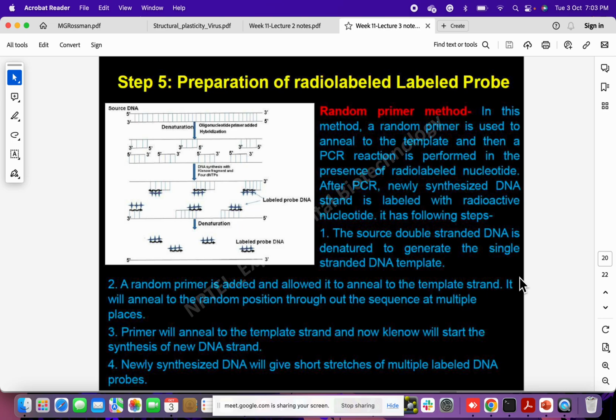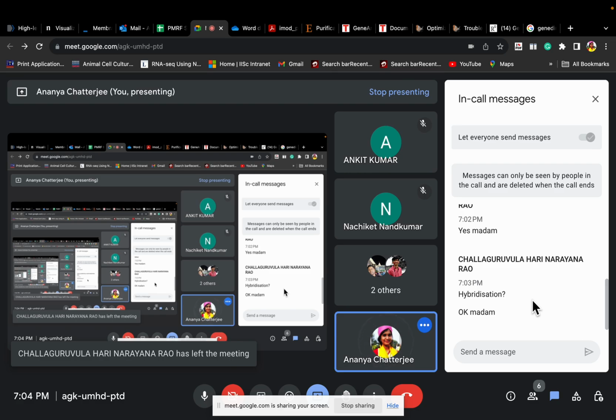Any further doubt, anyone? Harinarayana, hybridization?